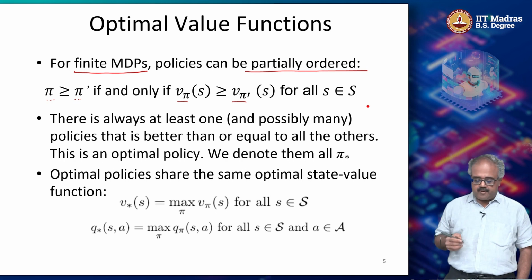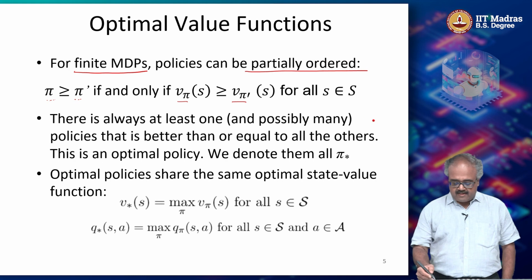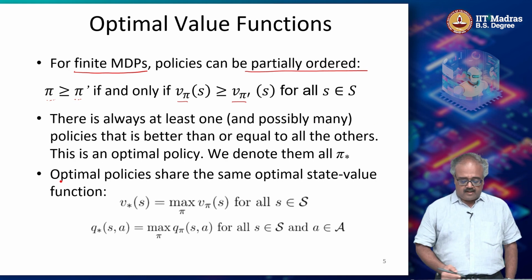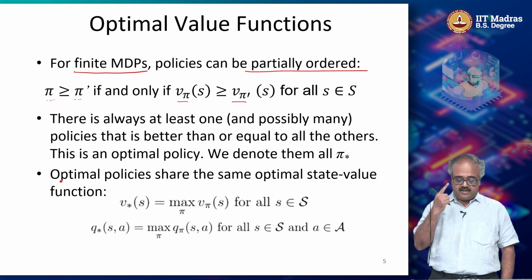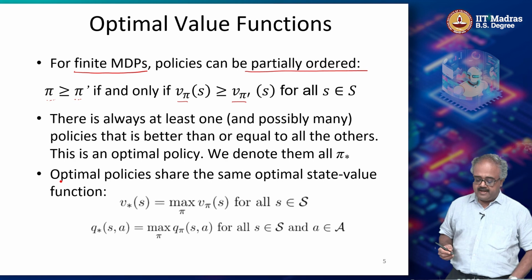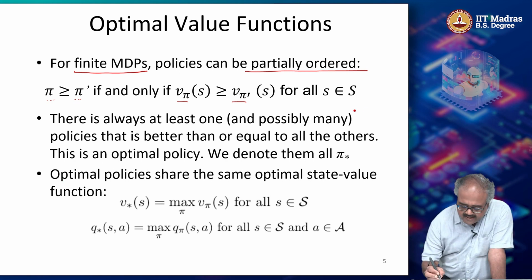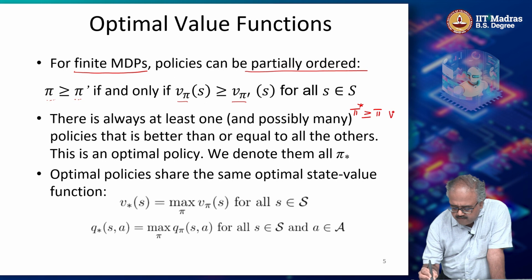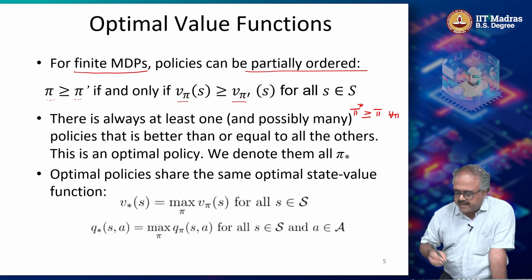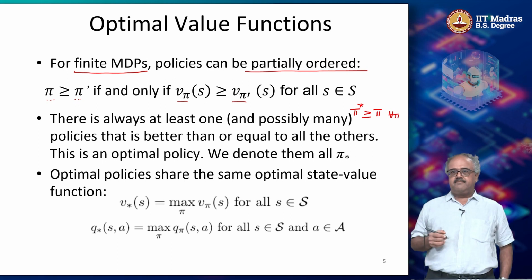The first thing I am going to say is that there is at least one policy in this finite MDP, which we will call pi star, such that pi star is greater than or equal to pi for all pi that I can define.